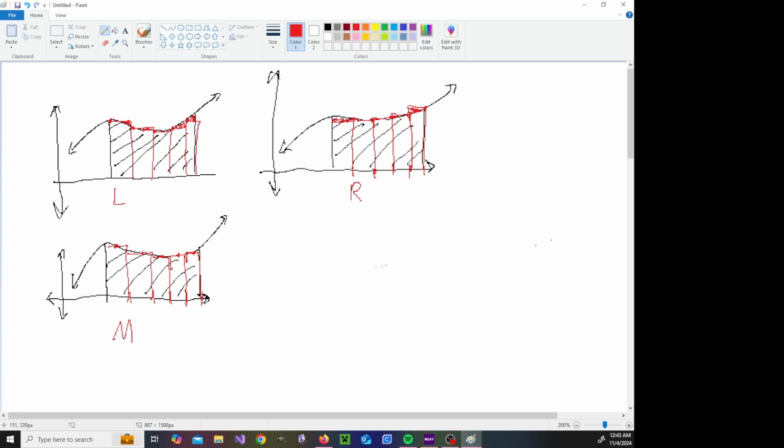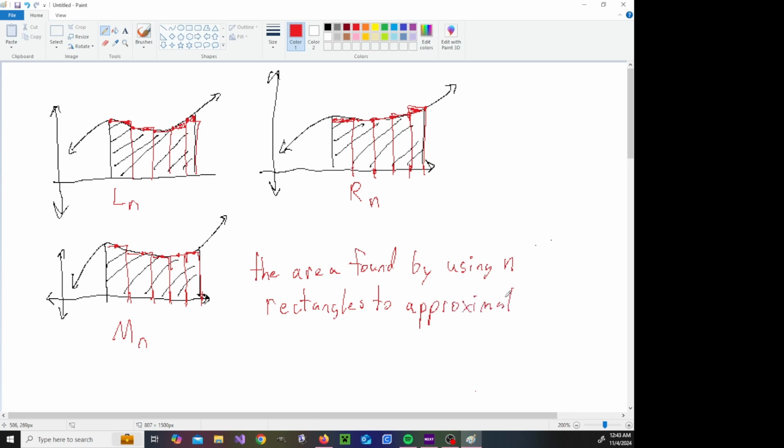However, let's introduce some notation for the rectangles that we build. I'm going to write Ln, Rn, and Mn for the area found by using n rectangles to approximate, right?